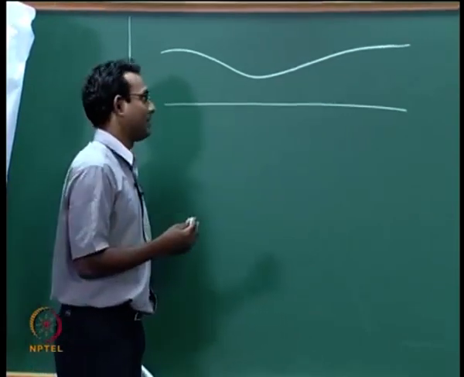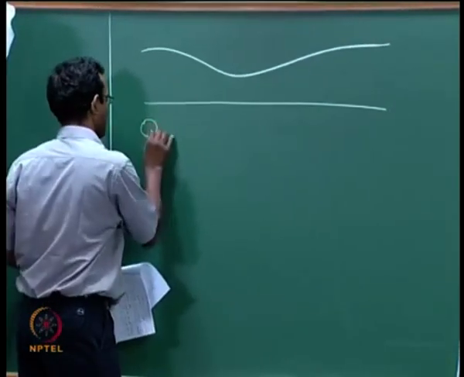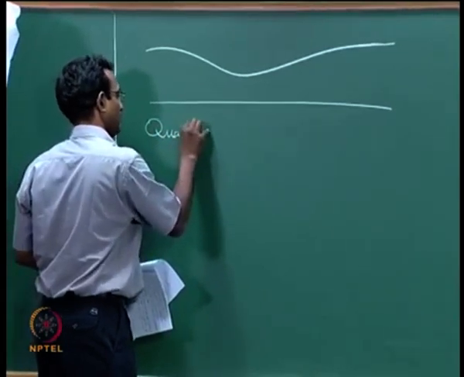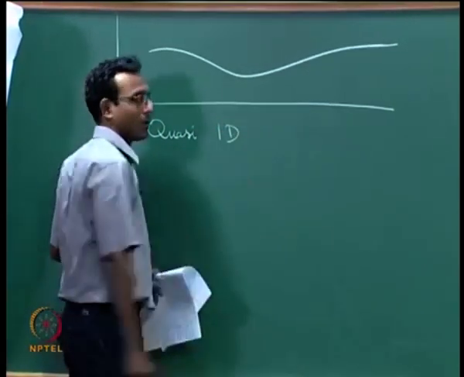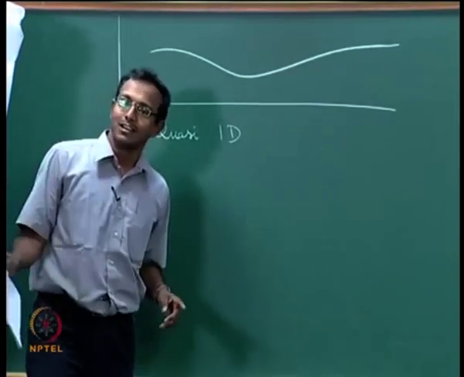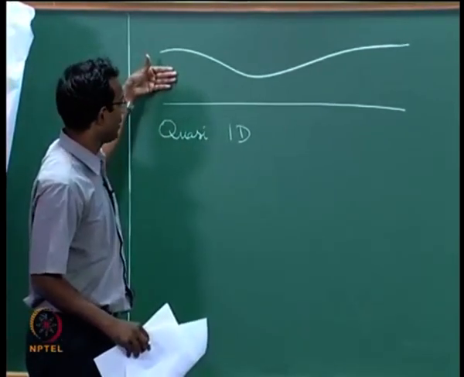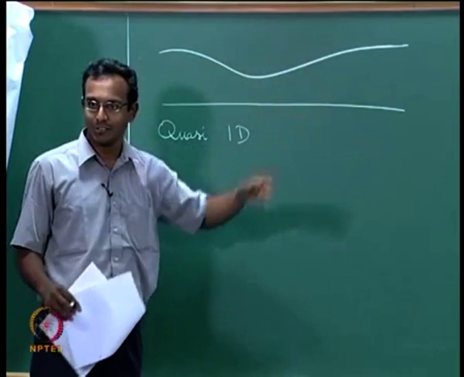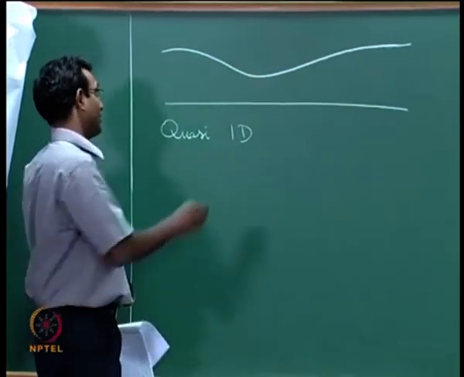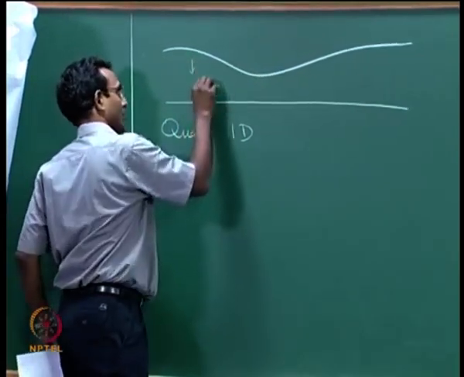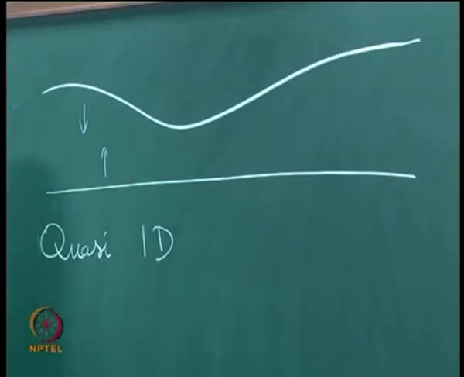I am going to use the quasi 1D assumption, where we say that the flow is going to be going only along a particular direction and I am not worried about the perpendicular component velocities.